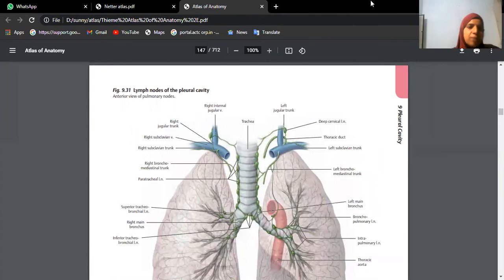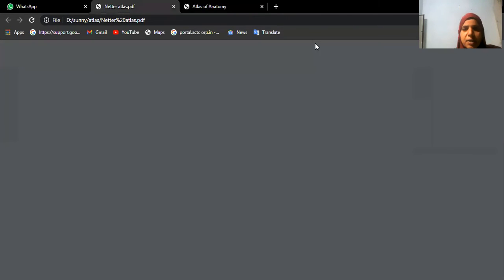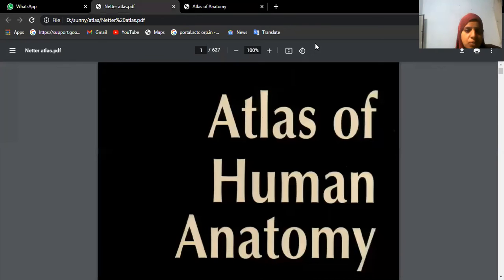So I will also open Netter's atlas once. Now we will try to check a few pictures from Netter's atlas and we will stop with thorax today. We will see abdomen tomorrow.